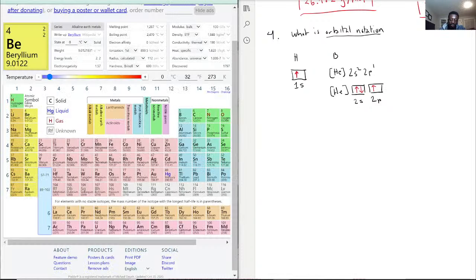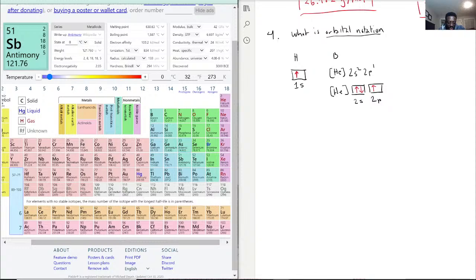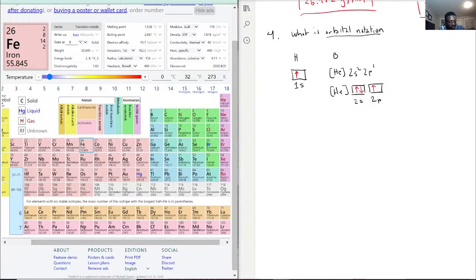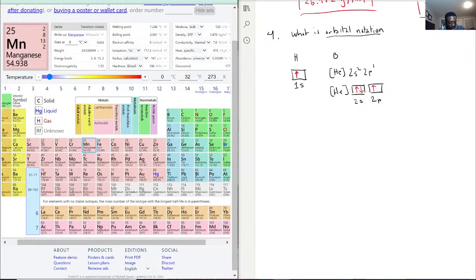And now, let's say we had a really big but familiar element. Let's try bromine. I'm trying to think of an element that would be a good example, but also not too complicated.